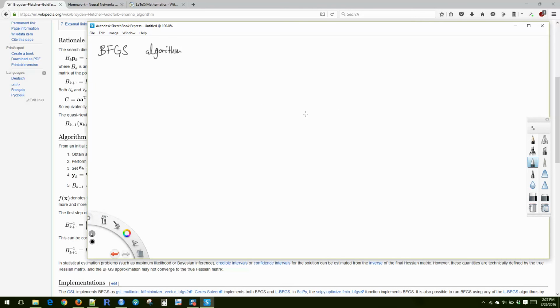Okay, so for the BFGS algorithm, we use a numeric approximation of the Hessian matrix.